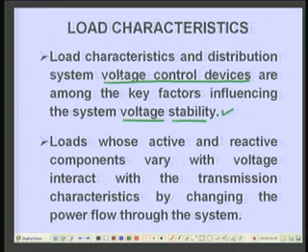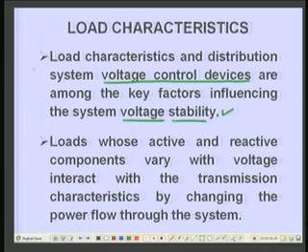One of the most important voltage control devices is the under load tap changers. In the distribution system, as and when the voltage at the load point decreases, this control device will try to bring the voltage to the required value, or try to regulate the voltage. Therefore, the behavior of these voltage control devices and the load characteristics have a very significant effect on the voltage stability.